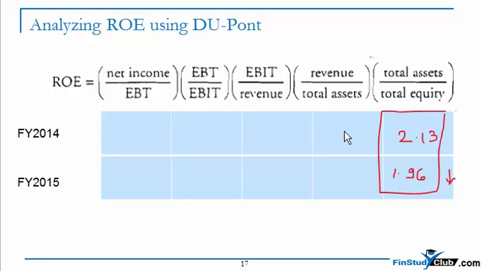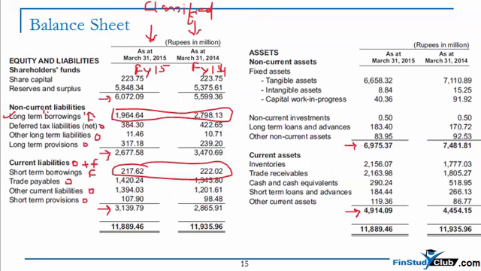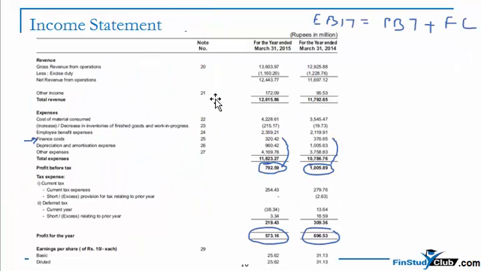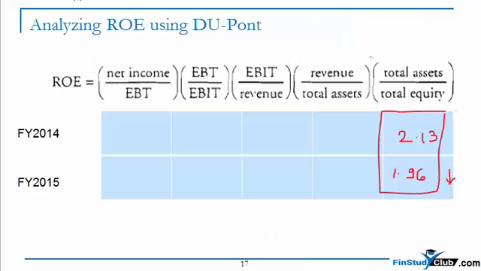Okay, so let's talk about the second aspect, which is revenue upon total assets. So for that I will have to go to my balance sheet. Let's talk about the current year. So my total asset is 11889, and my revenue, let me take the net revenue, is 12443.